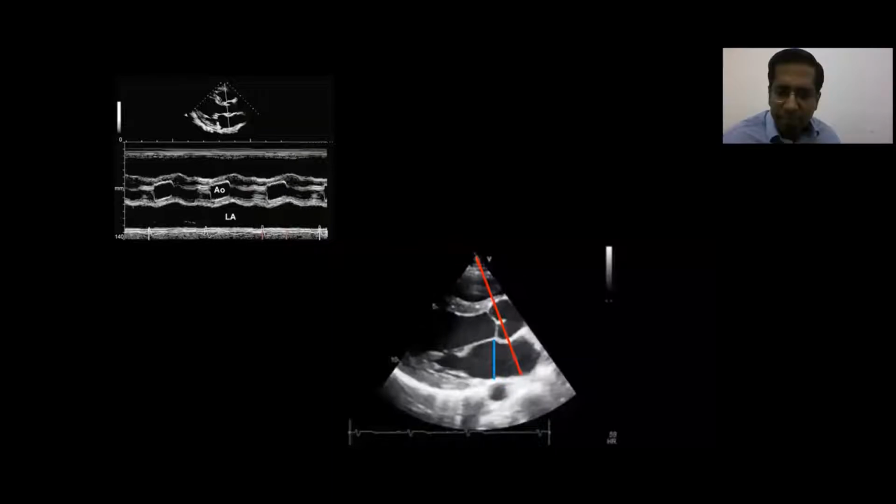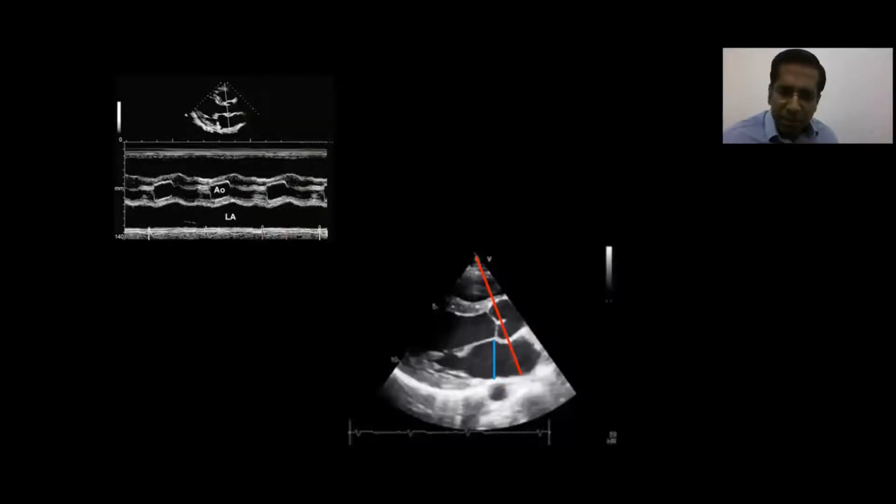Since the left atrium appears to be normal in this image, it may not have much clinical bearing, but there may be conditions where your cut makes a huge difference. You may get a proper measurement for the aorta or the aortic root, but your left atrial measurement or your right ventricular outflow tract measurement may be totally wrong.